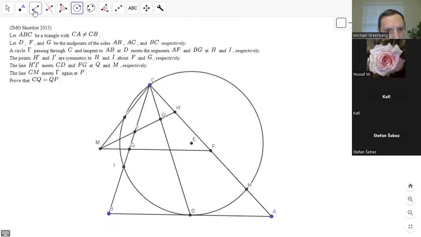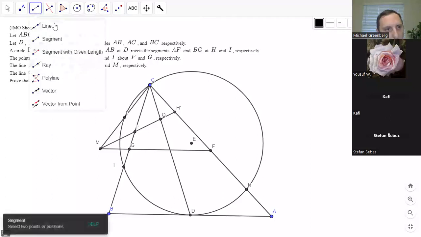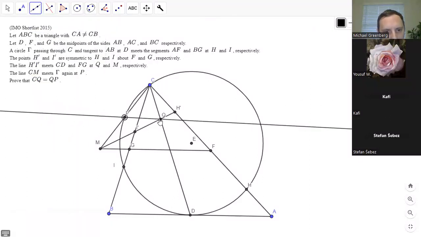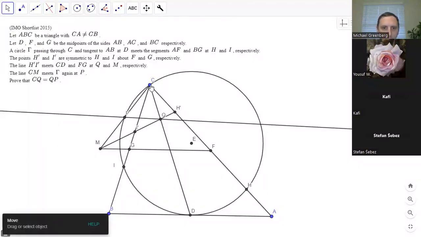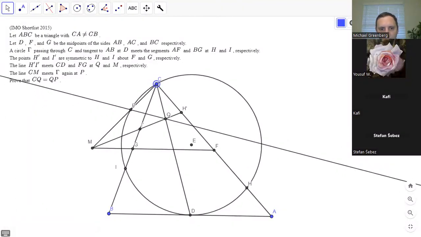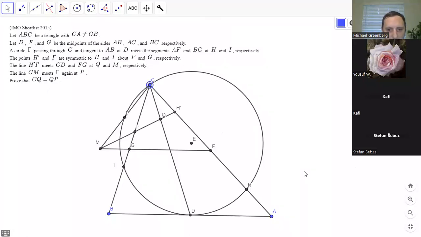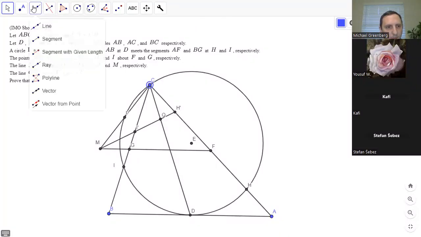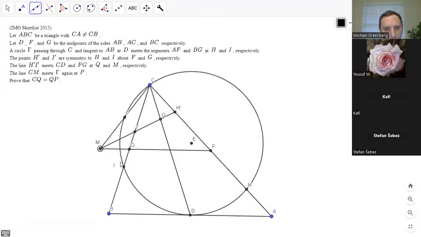I wonder if PQ is parallel to AB or GEO. No, I don't think so. And I don't think M, I and H are collinear. That wouldn't make sense.